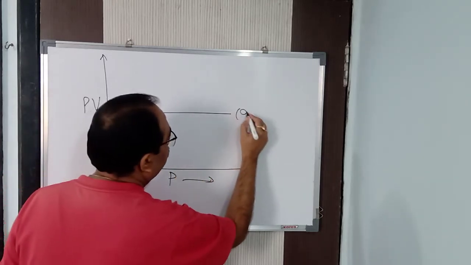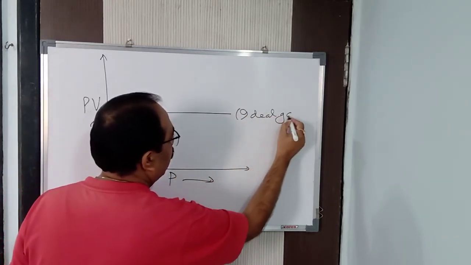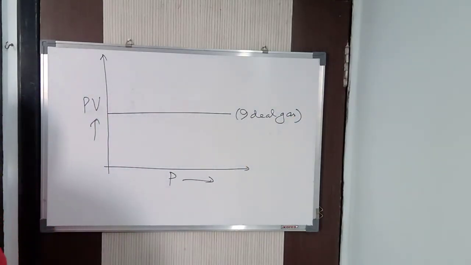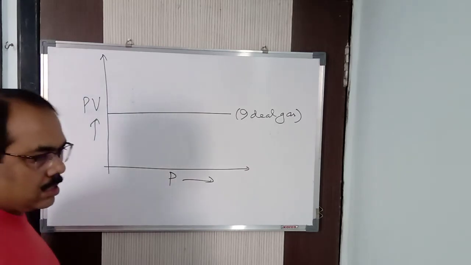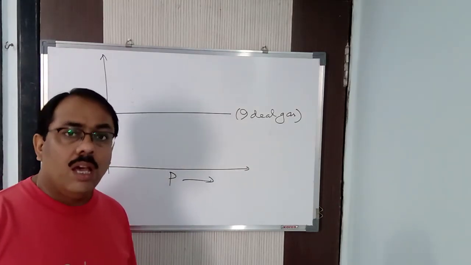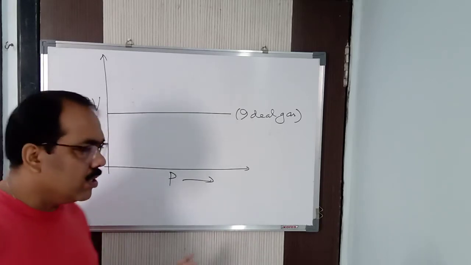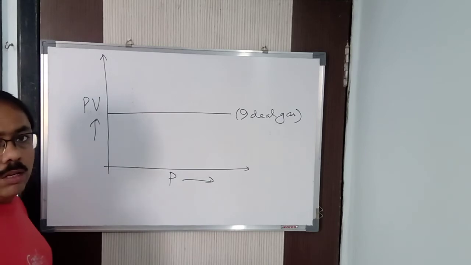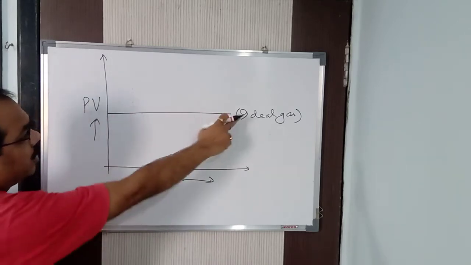This is for the ideal gas, because ideal gases obey gas laws under all conditions of temperature and pressure. This graph depicts Boyle's law: a PV against P graph gives a straight line.